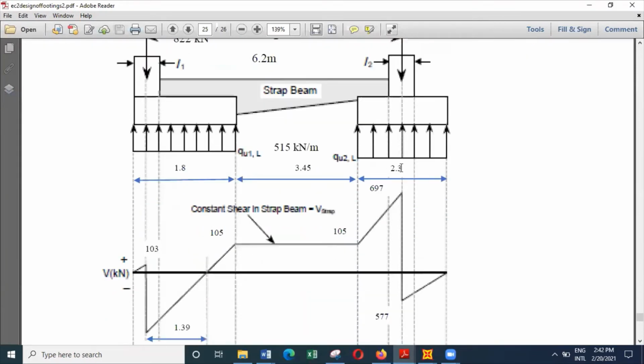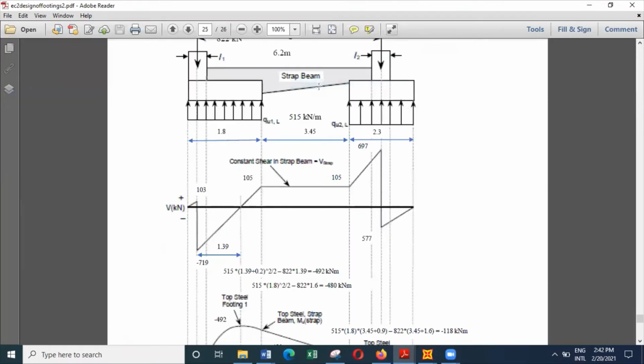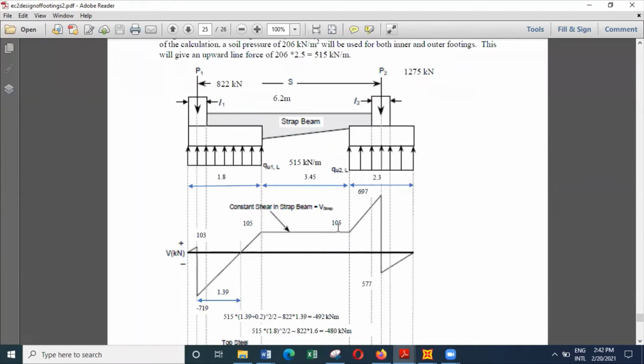So when you know this diagram, I'll make it smaller so that you can see it.